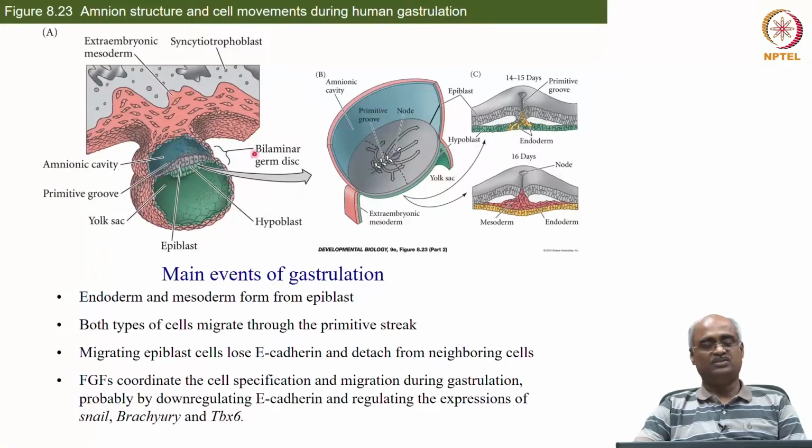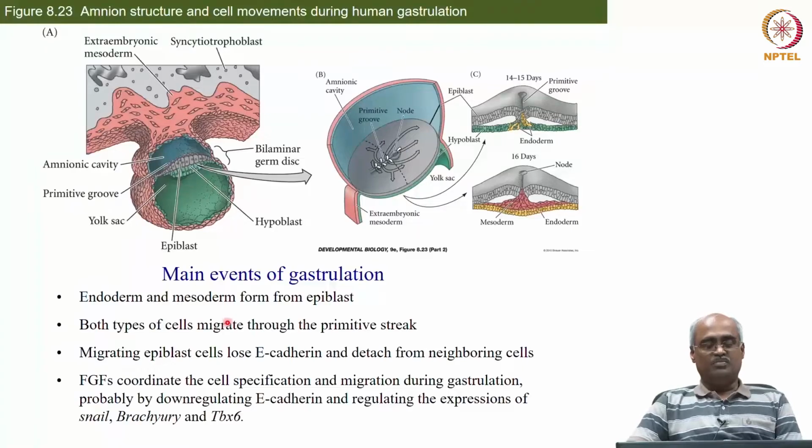These two discs together are called the bilaminar germ disc, from which everything comes, primarily from the epiblast. This is our starting point of gastrulation. Gastrulation gets over by the 15th day after gestation in humans.